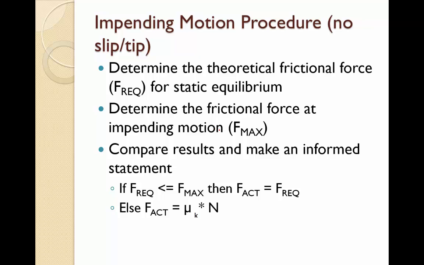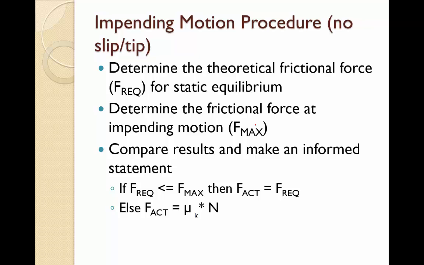We can also solve problems with impending motion using no slip or tip, assuming that it won't slip or tip. We're not looking at whether the object is going to slip or tip. We are instead looking at what the actual required frictional force is to hold it in place. So the first step for that is to determine the theoretical frictional force required for static equilibrium. Then we determine the maximum frictional force that this particular situation could develop.